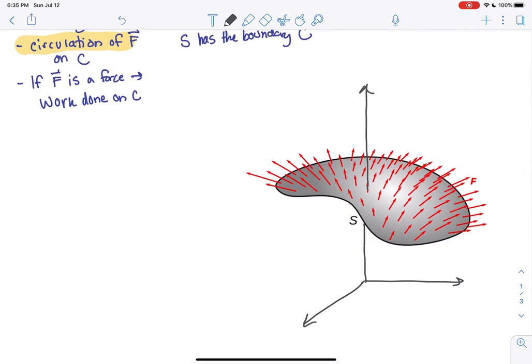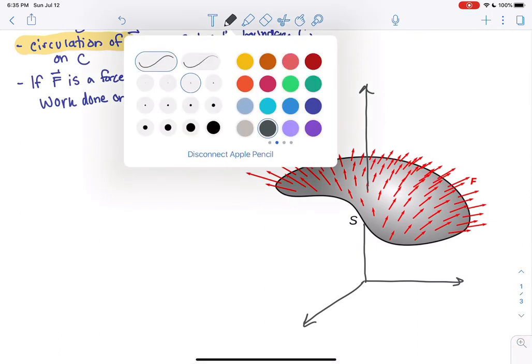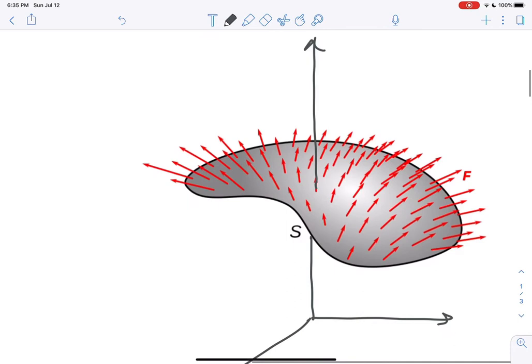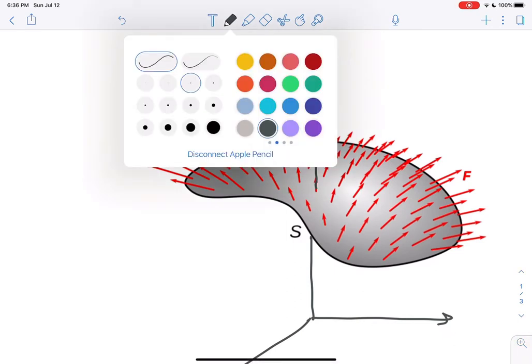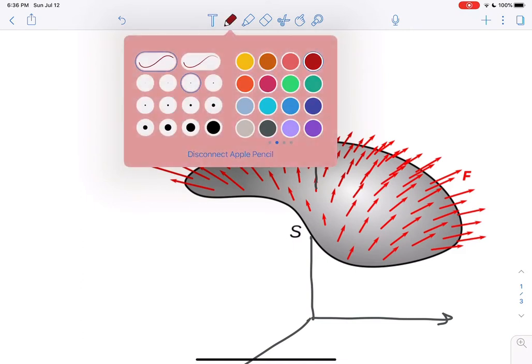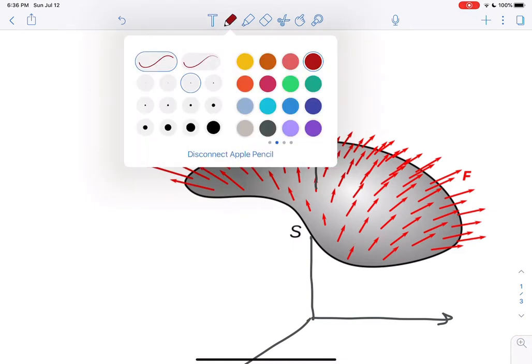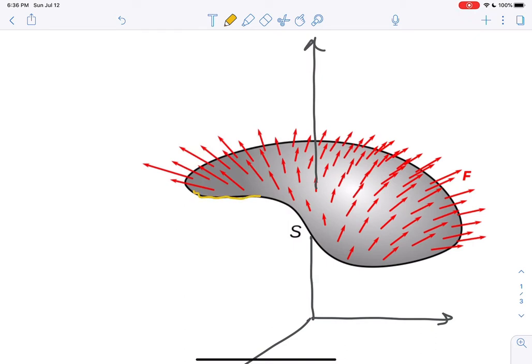There's a vector field in that space as well, and that's the red vectors F. And then we have the boundary of the surface. So here's the boundary of our surface.